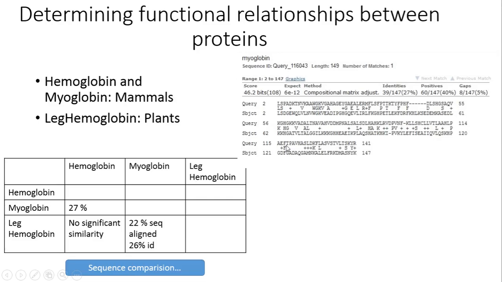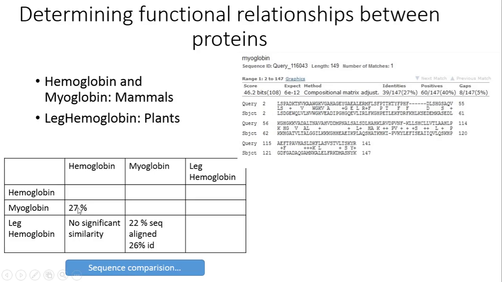What you can see over here is the typical output of pairwise alignment between hemoglobin and myoglobin. You can see that the percent identity between hemoglobin and myoglobin is found to be 27%.